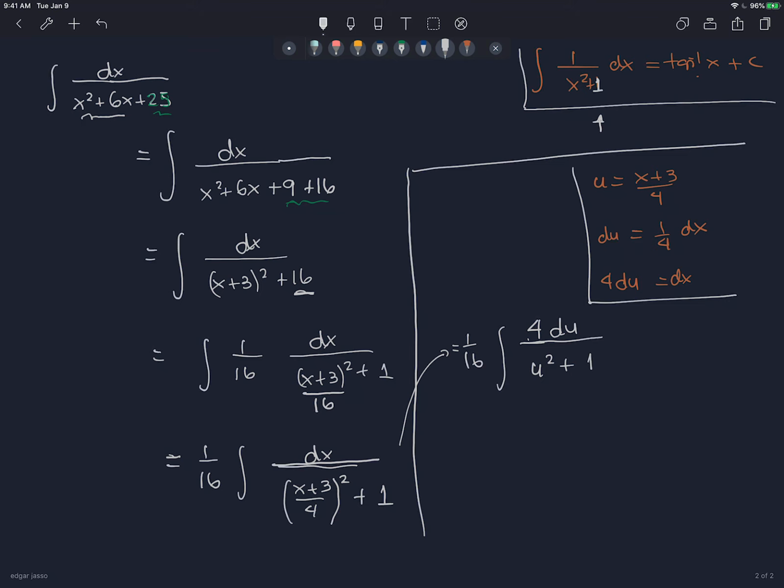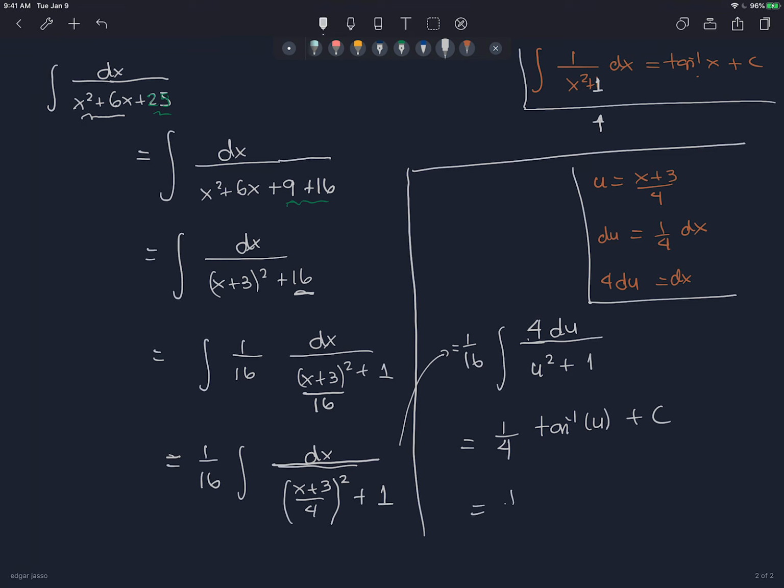And now I can just apply the basic integration rule from the top right corner. So the 4/16 cancels to 1 over 4. And I'm going to have tan inverse of u plus a constant. And I'm almost there.